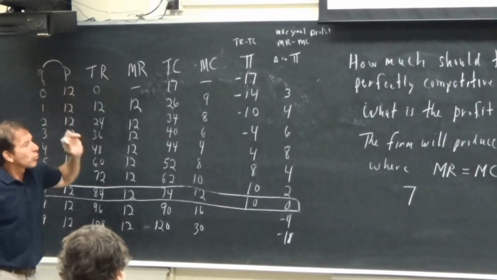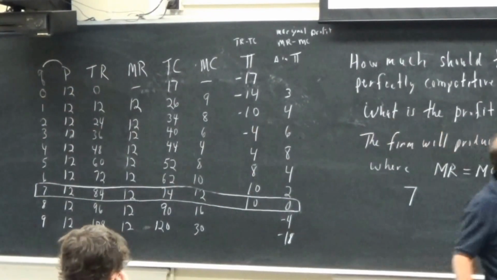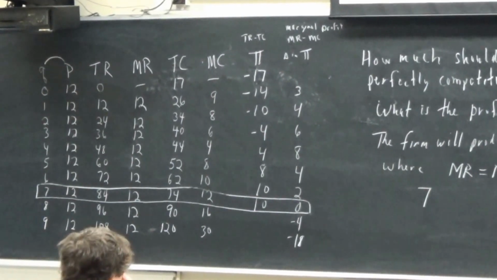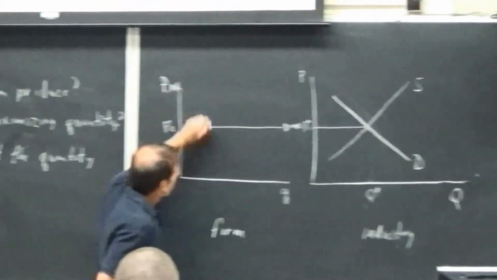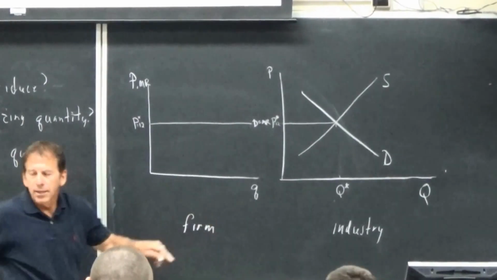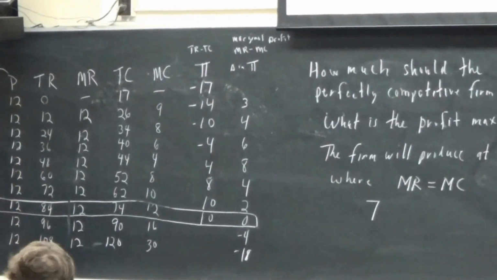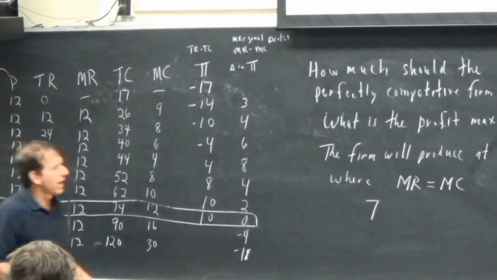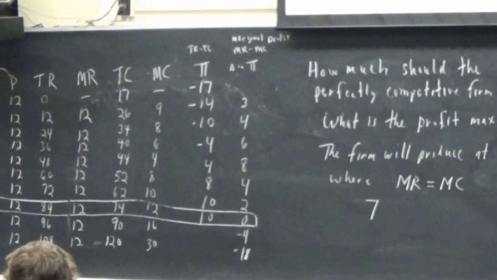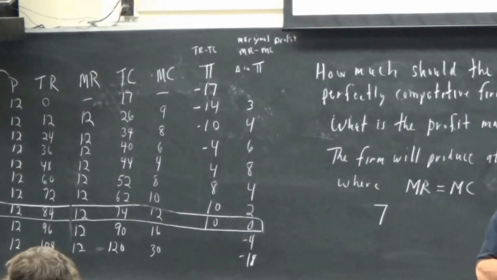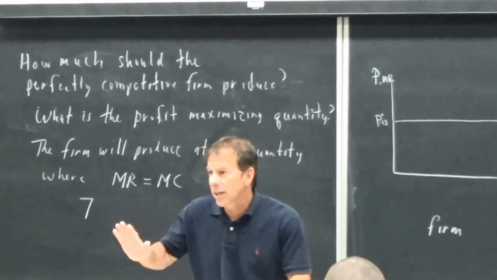And the marginal revenue line here is going to be a relationship between marginal revenue and quantity. And in that case, the marginal revenue is 12 all the way down, and the quantity is 1 through 10, or 1 through 9. So it's the same line. Okay, so the marginal revenue line, so that's good.